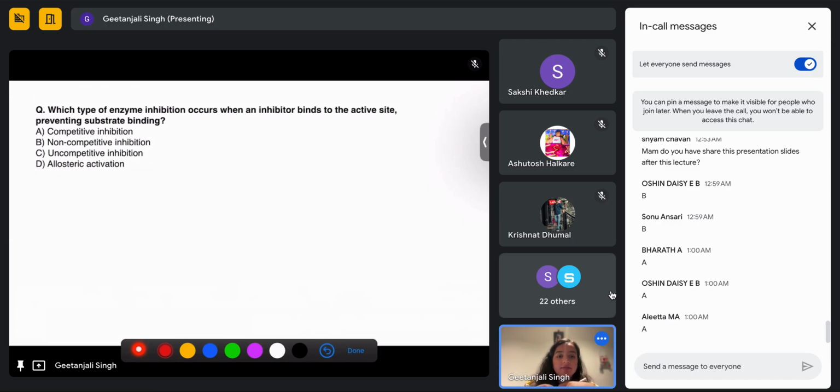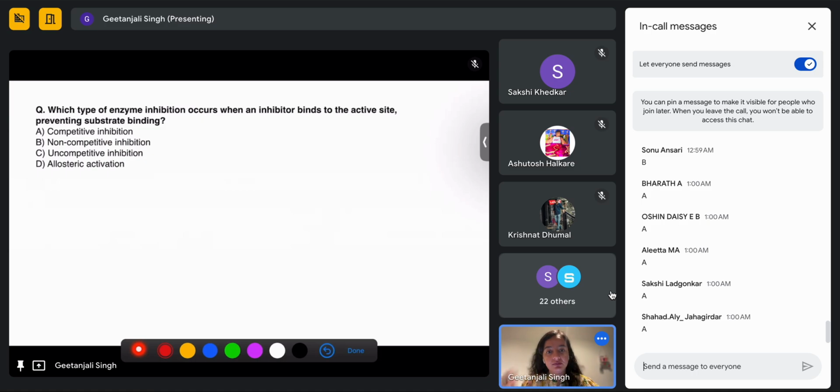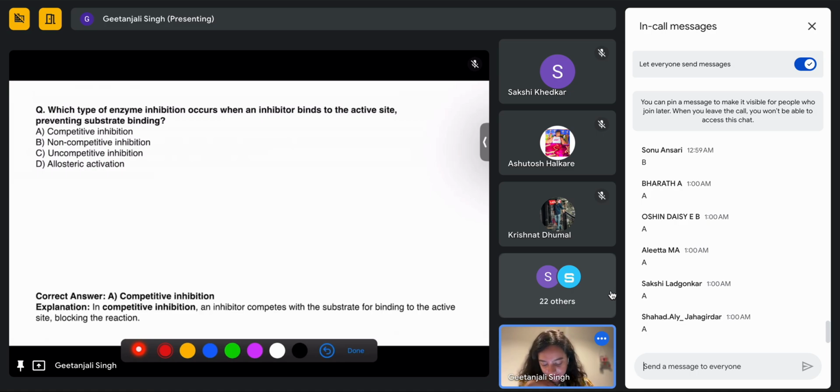The options are A, competitive inhibition, B, non-competitive inhibition, C, uncompetitive inhibition, and D, allosteric activation. Yes, everyone is correct. The answer is option A, competitive inhibition.